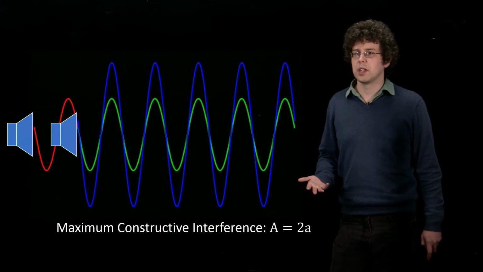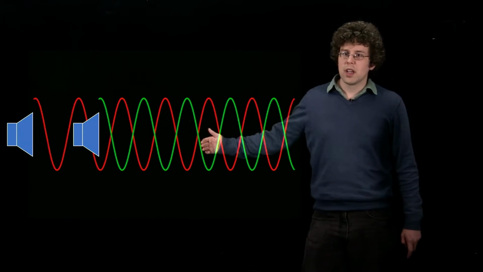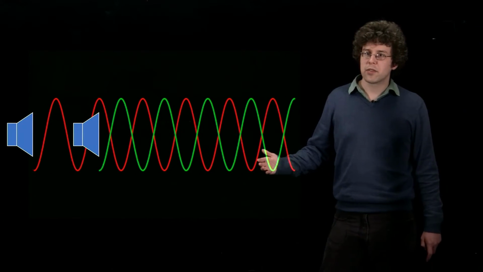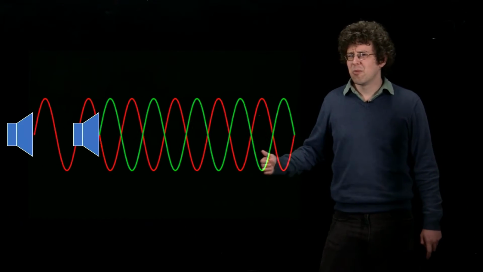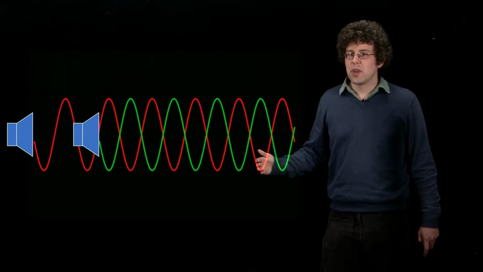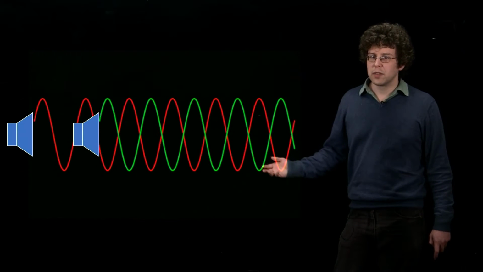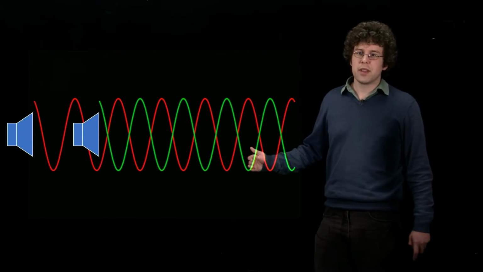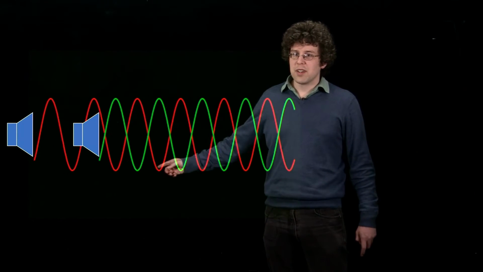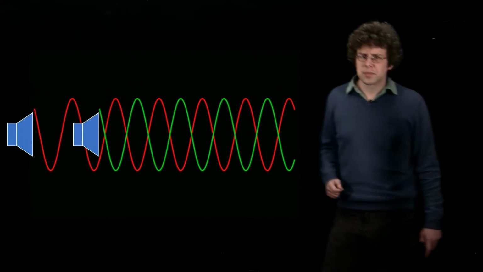The other case which we're going to be interested in is if we take our speaker 2 and we push it a little bit further to the right. So instead of being one wavelength away from speaker 1, it's now 1.5 wavelengths. And you can see, even though the two speakers themselves are producing exactly the same peaks and troughs at the same time, because they're a wavelength and a half out, whenever one of these red waves is at a trough, the green is at a peak.